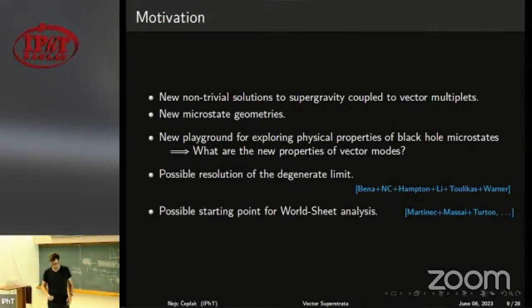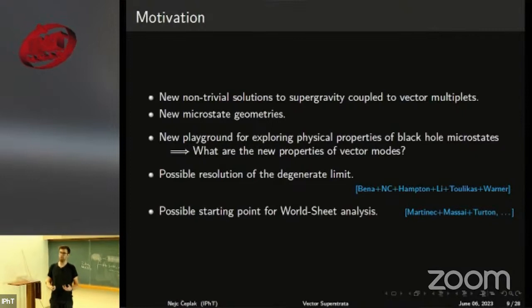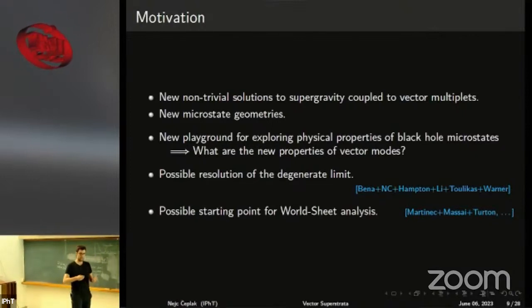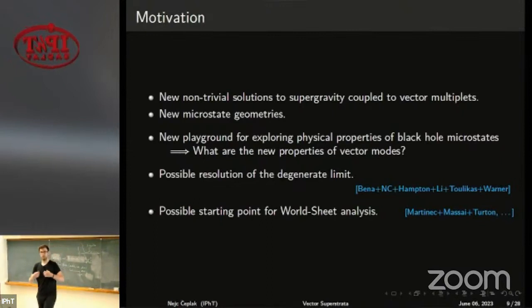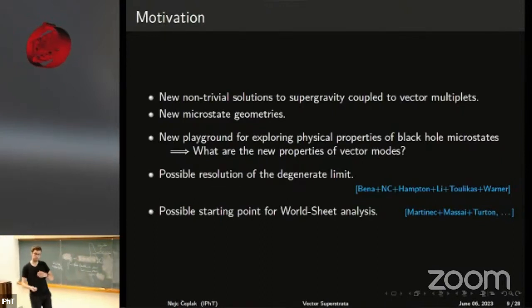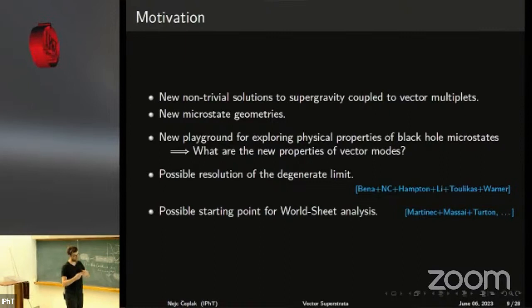The second one is its potential to generate new microstate geometries. And as Daniel was saying, it's important to know what are the generalities of your potential microstate of black holes. What are the things that are specific for different microstates? So by fully backreacting these, you can find new playgrounds in which to probe black hole physics.